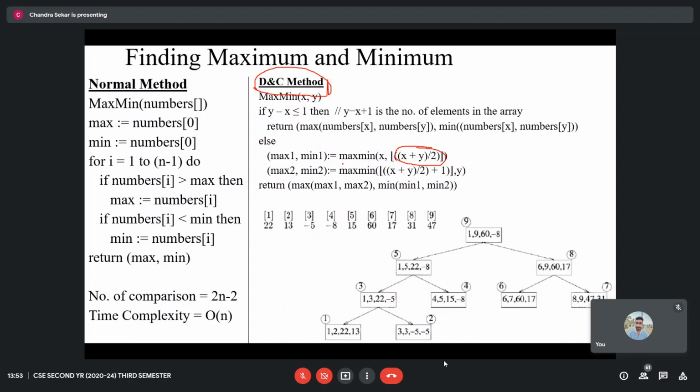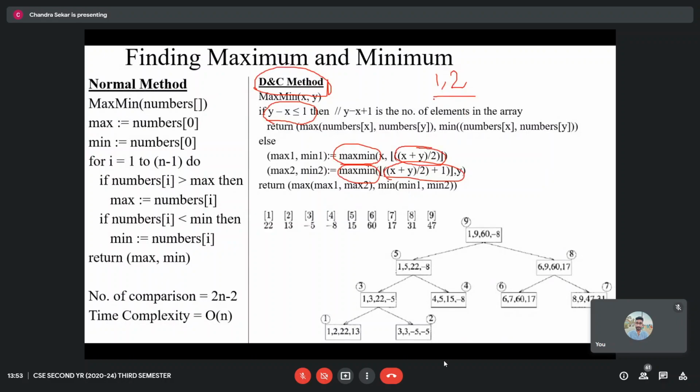So for the first half, max min will be called again, and again for the second half, the same function will be recursively called. So this will keep happening until this condition is satisfied. So this condition says that if you have one element or two elements, then you can stop the recursive call.